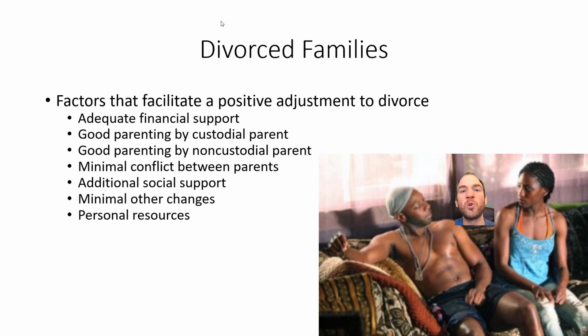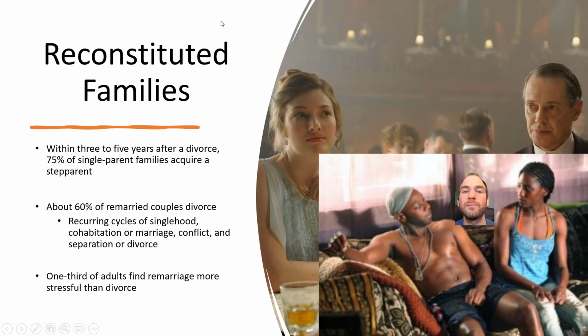So having a cordial relationship with the other parent, even if they get a boyfriend or girlfriend or get remarried, having a good relationship with a non-custodial parent, having minimal conflict, having social support, and possibly leaving a bad relationship all contribute to a higher likelihood of a positive outcome following divorce.